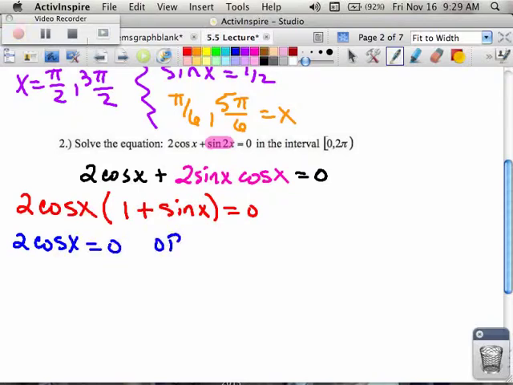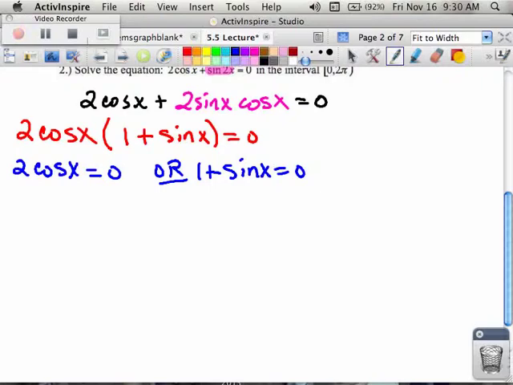On the left side of this situation, if I divide both sides by 2, I get the cosine of x is equal to 0, which then I ask myself, where's the cosine 0? Pi over 2 and 3 pi over 2. Oh, that's right, we just did that one. Notice how I'm answering in radians. Why am I answering in radians? Because it says the interval is 0 to 2 pi, which means they want your answer in radians. Be careful. On the test, if it asks for that, you have to give it in radians.